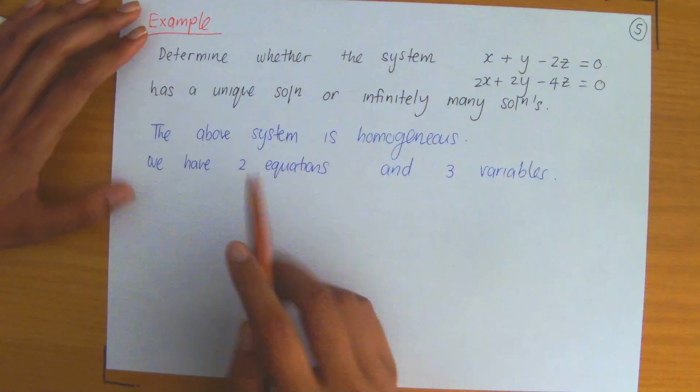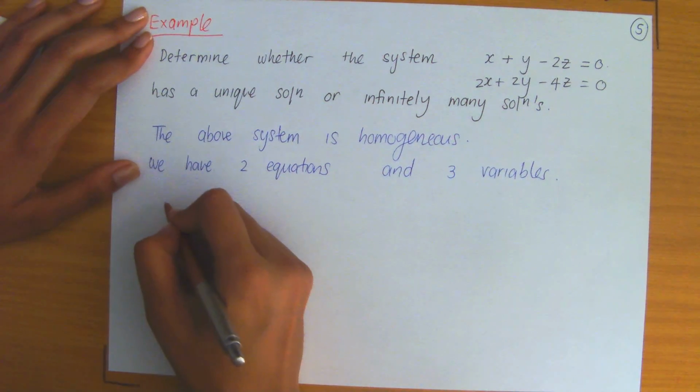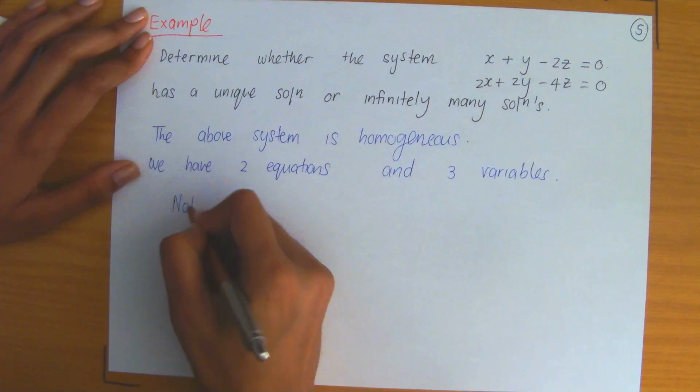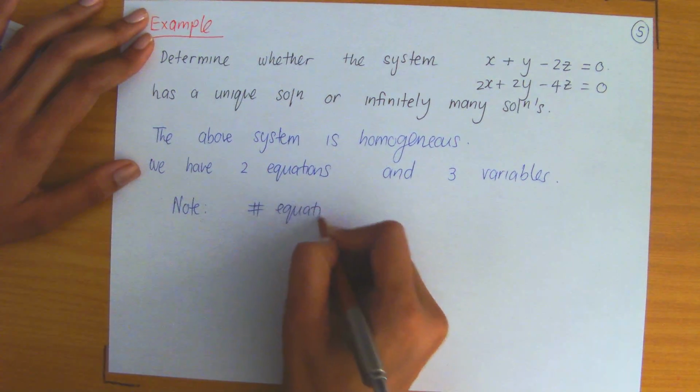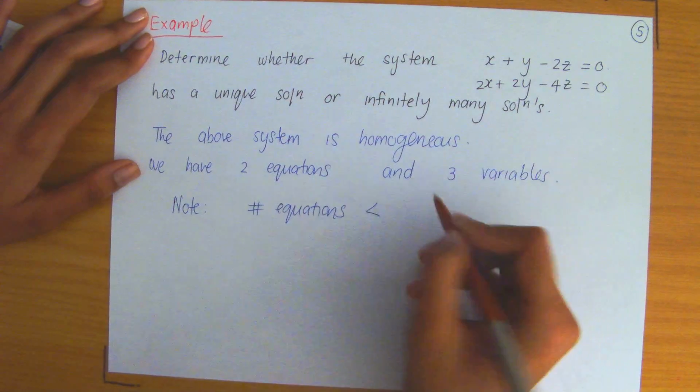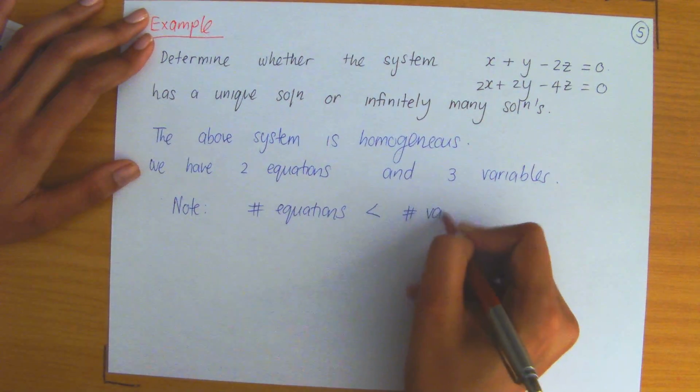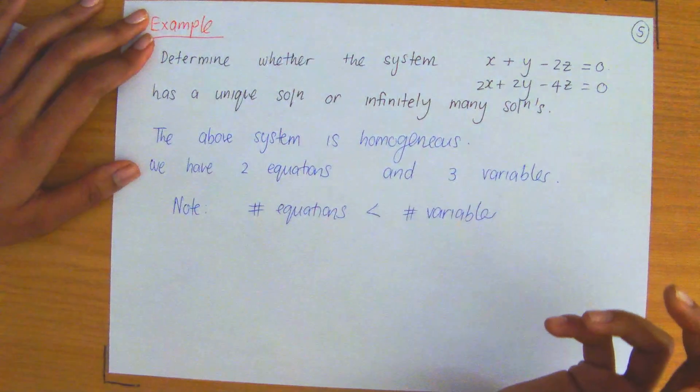In here, the number of equations is definitely less than the number of variables. 2 is less than 3.